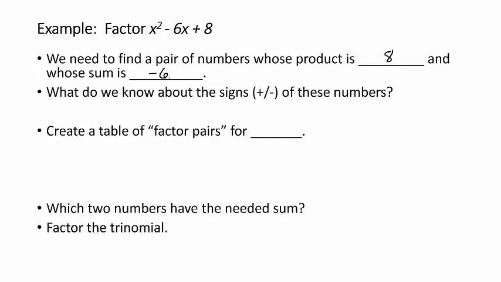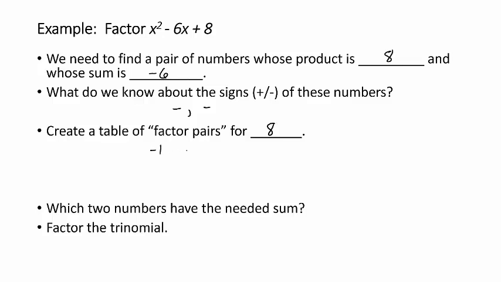We have to find two numbers that multiply to give us 8, so they both either have to be positive or they both have to be negative. But since the sum that we're looking for is negative, both of the numbers have to be negative. So we're creating a table of factor pairs for 8, but they both have to be negative.